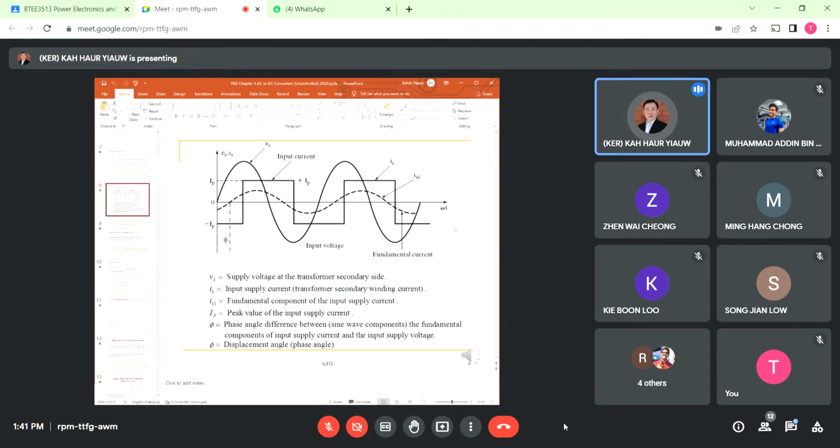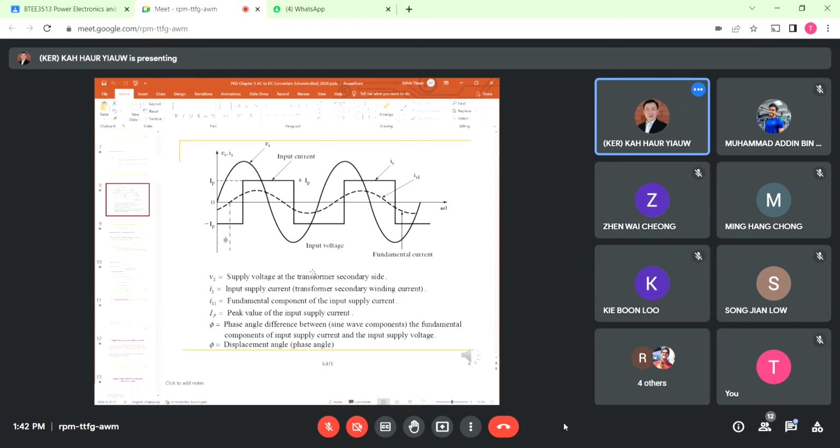As you can see, if the load is non-linear, meaning it has capacitive or inductive elements, your current is no longer in phase with your voltage. When you extract the fundamental, you can see that it is not in phase with the voltage waveform. There is an angle difference called phi.